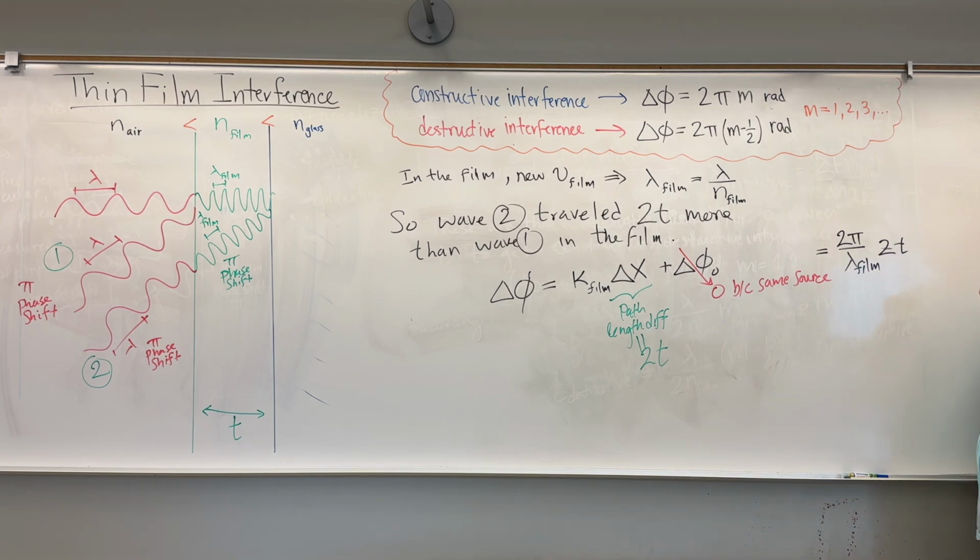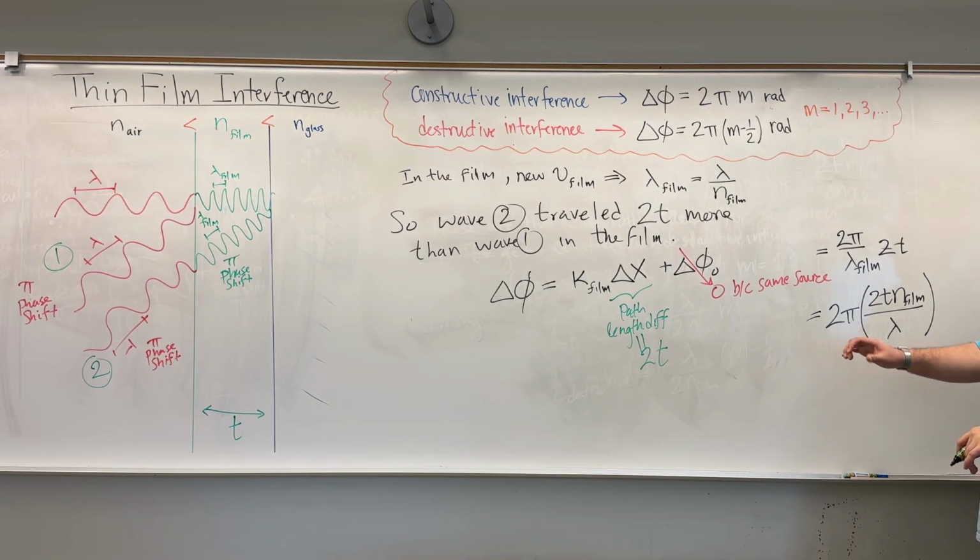We know that lambda of the film is lambda over n of the film. And I'm going to keep that overall 2 pi outside. And we have 2t n of the film divided by lambda.